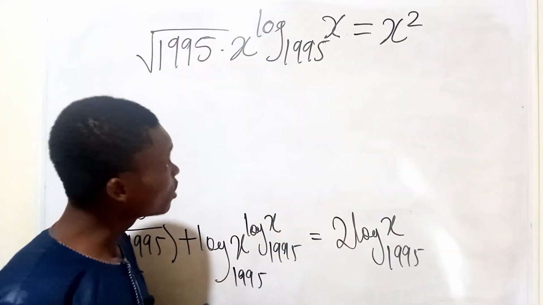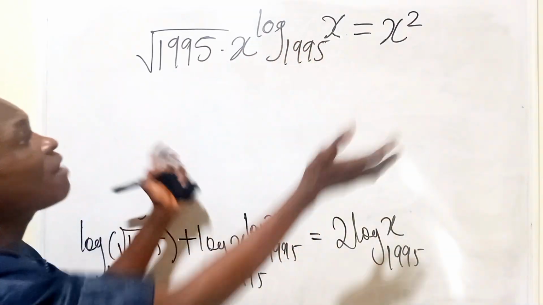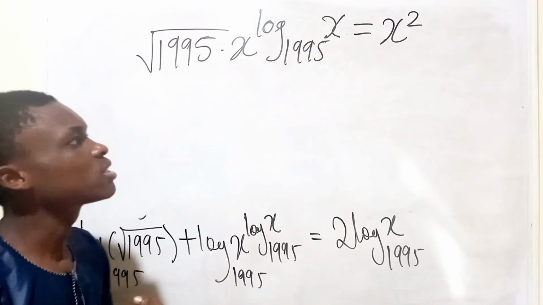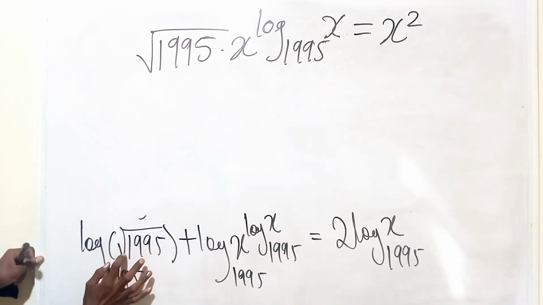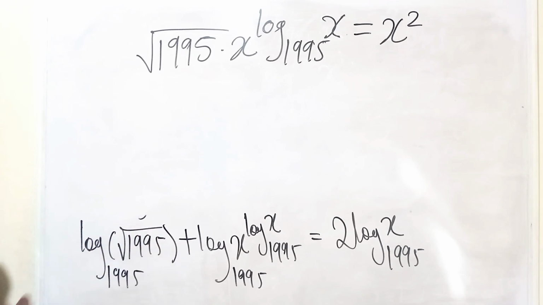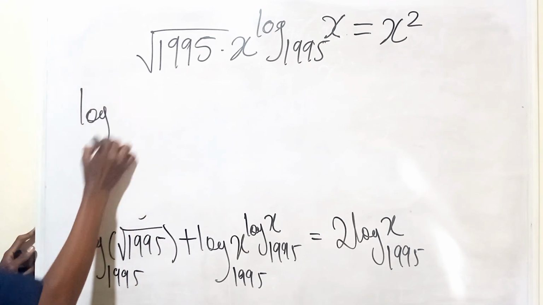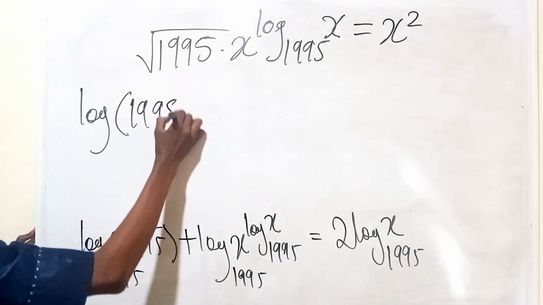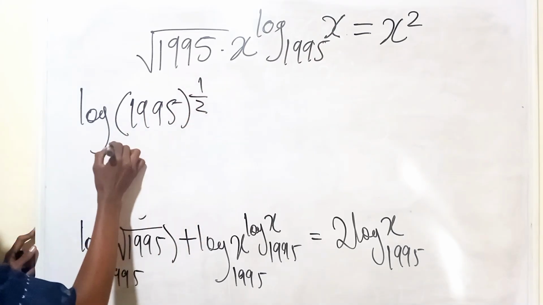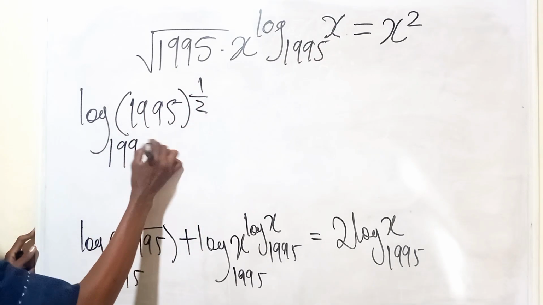I've cleaned the equation so we'll have space to solve it. Clearly we can remove this square root: log 1995 raised to 1 over 2, base 1995.